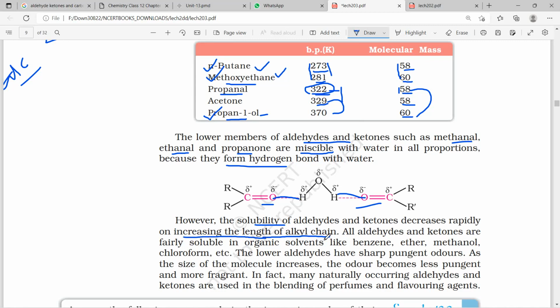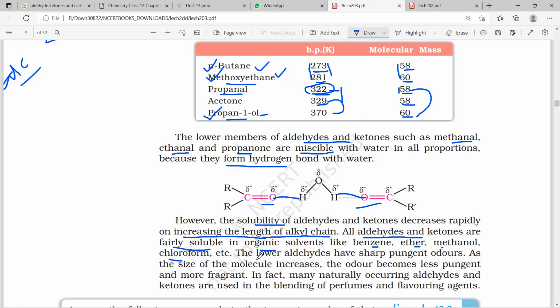In general, all aldehydes and ketones are fairly soluble in organic solvents like benzene, ether, methanol and chloroform.